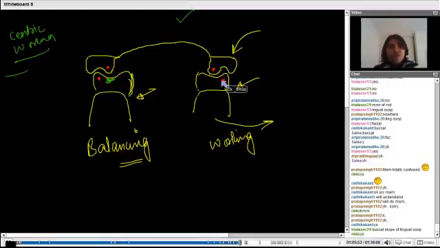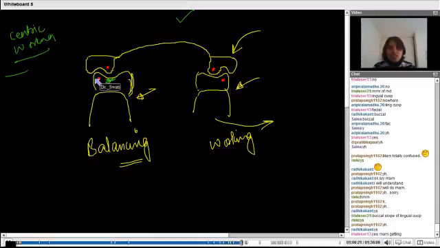What I have done for you in this diagram is, we have made one scenario wherein we know where the centric is. We have decided that we will consider the working side on the right. And when we are considering working side on the right, where is your mandible, this particular jaw, moving? Obviously, half the jaw will not move. The whole jaw is moving towards right, isn't it?